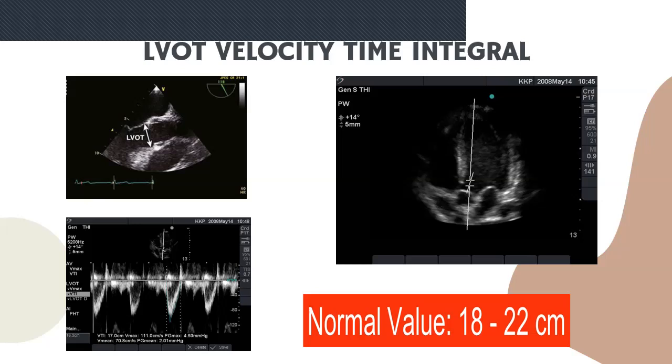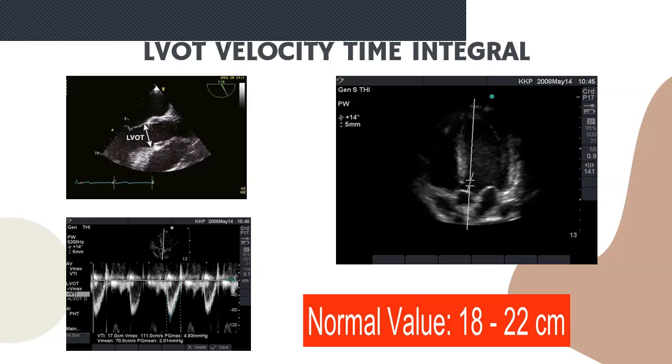So cross-sectional area, you know, is pi times radius squared. So if your diameter is, say, 2 centimeters, your radius is 1 centimeter. 1 centimeter squared is 1. So times your pi, which is 3.142. So your cross-sectional area for your LVOT is 3.142.